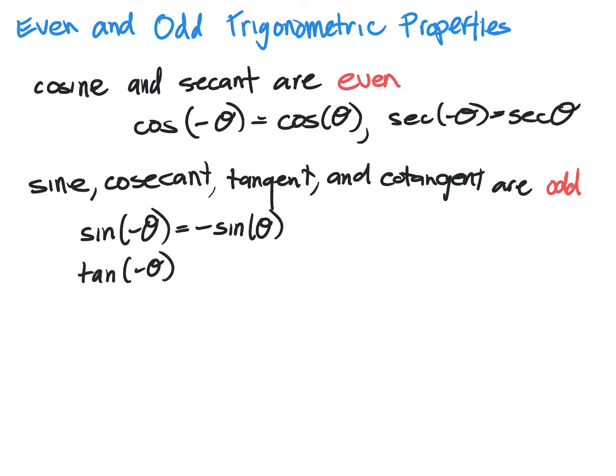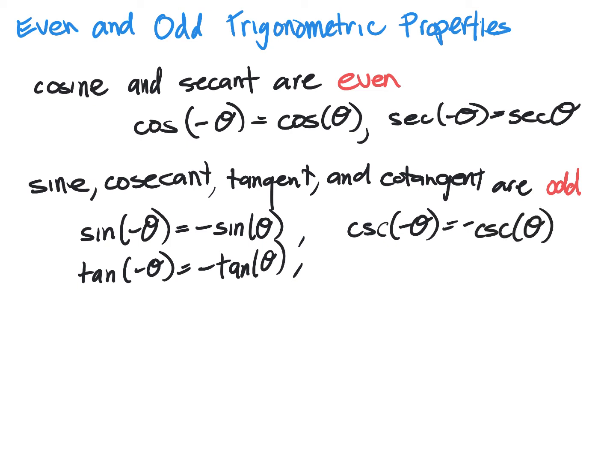Tangent of negative theta is negative tangent of positive theta. Cosecant of negative theta is negative cosecant of theta, and then cotangent of negative theta is negative cotangent of theta.